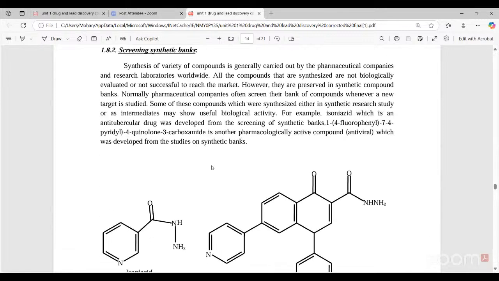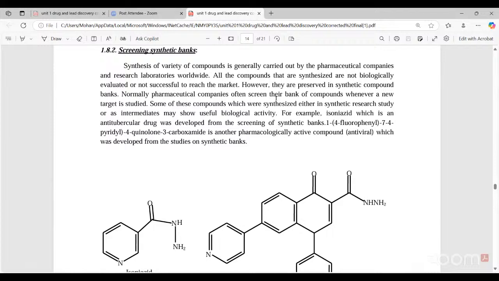Screening synthetic banks. A variety of compounds are synthesized by pharmaceutical companies and research laboratories worldwide. Not all the compounds synthesized are biologically evaluated or successful in reaching the market. However, they are reserved in synthetic compound banks. Pharmaceutical companies often screen their banks of compounds whenever a new target is studied.